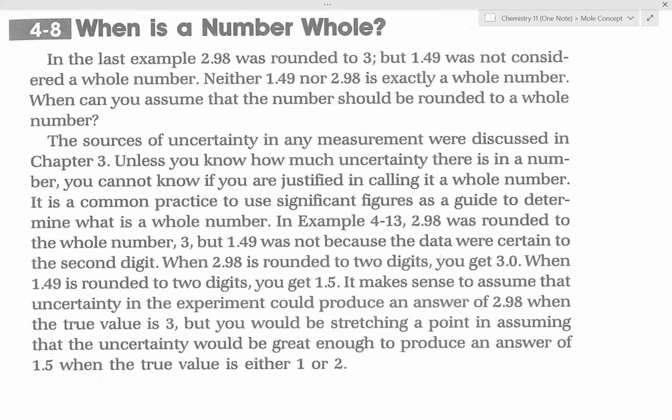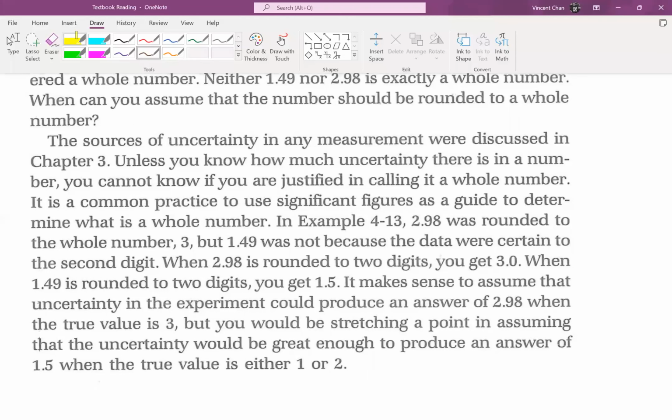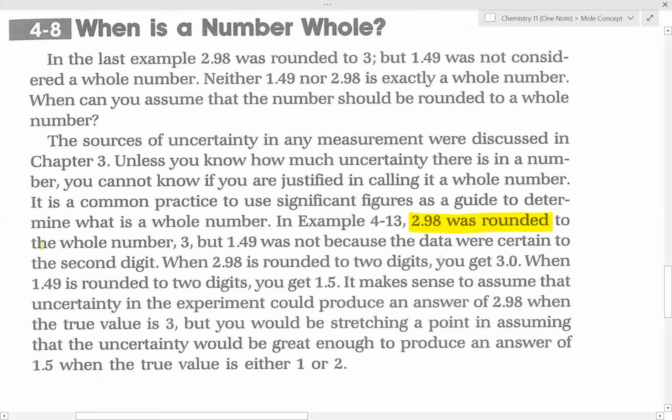In this particular case, it's basically a judgment call. Do you think there's enough error for rounding or not? In example 4.13, 2.98 was rounded to the whole number 3, because when 2.98 is rounded to 2 digits, you get 3.